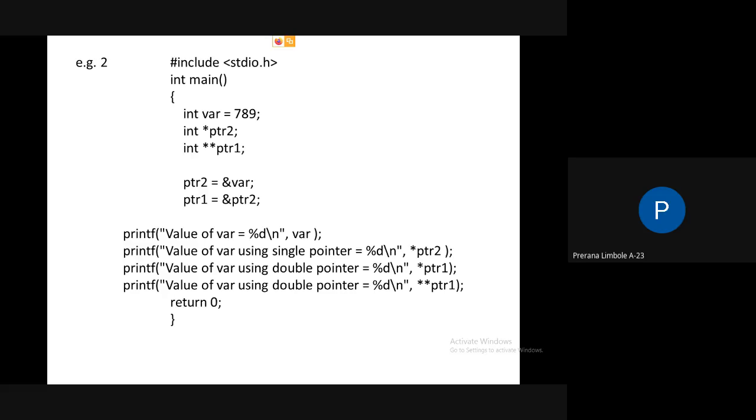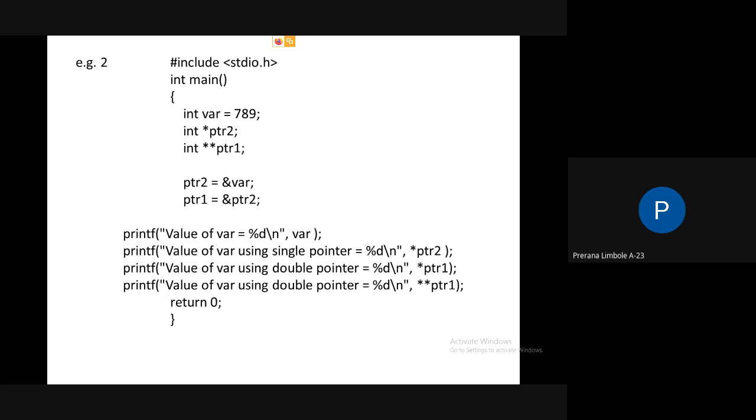Value of variable will be printed, 789. Is it correct? No. Because ptr1 is storing the address of ptr2. Okay. So star ptr1 means what?